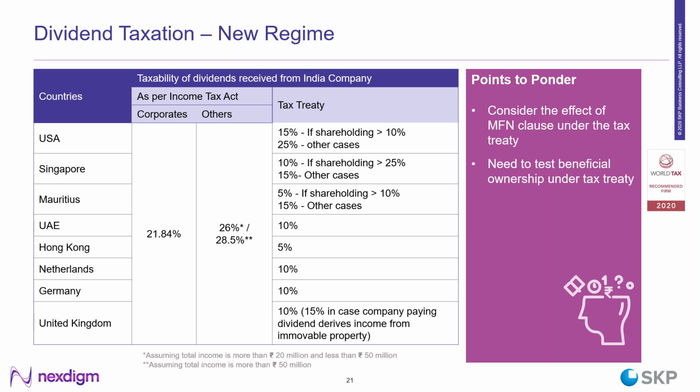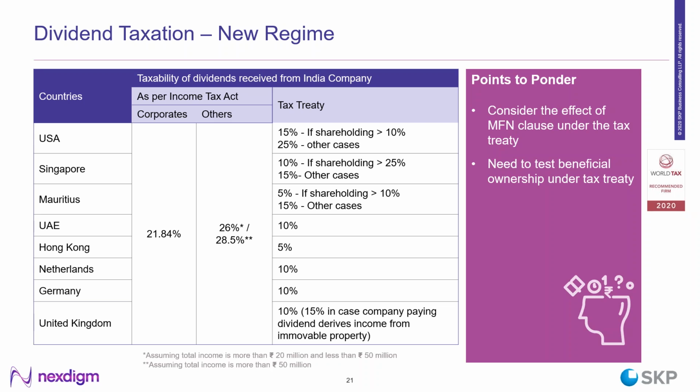Obviously, he will have to satisfy the beneficial ownership test and also file a tax return in India, but he will be able to claim a 15% tax. And if you look at countries like Germany, Netherlands, Hong Kong, UAE, the tax rate goes down substantially to 5 and 10%. And since it is a withholding tax paid by the foreign companies in India, they would also be eligible to claim tax treaty benefits and claim this credit in the home country.